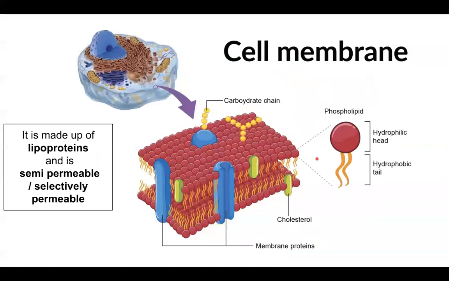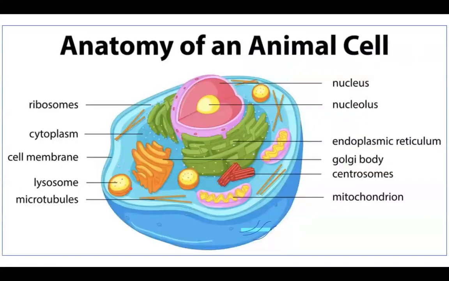The cell membrane, on the other hand, is made up of lipoproteins. And because of this composition with lipoproteins, it is semi-permeable, or the better term is selectively permeable. It will allow substances which the cell needs, not just anything in solution, but only whatever the cell requires.